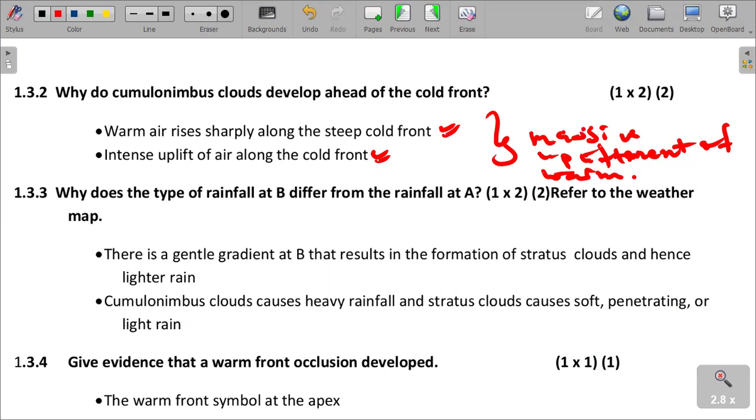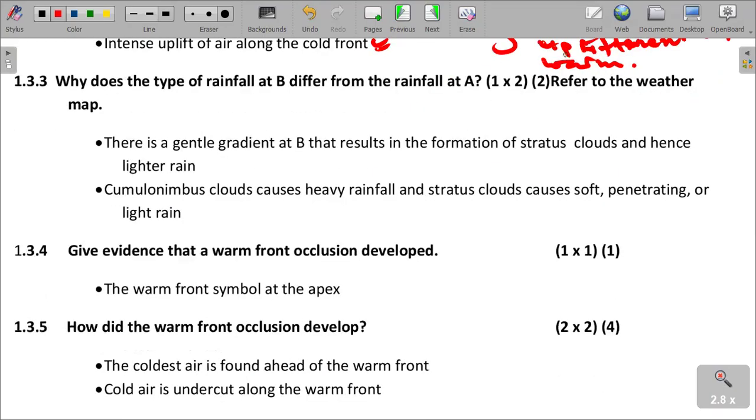The massive upliftment of warm air results in the formation of cumulonimbus clouds because of the steep cold front that is there.